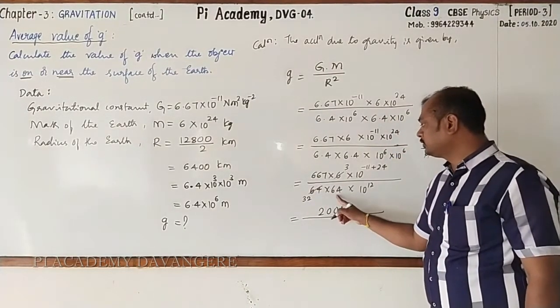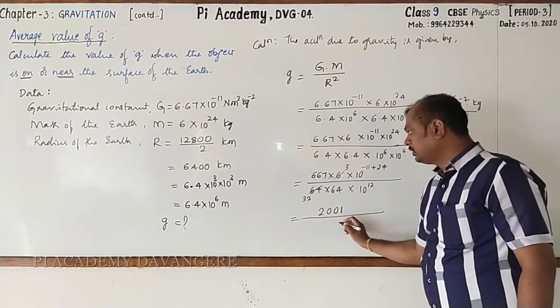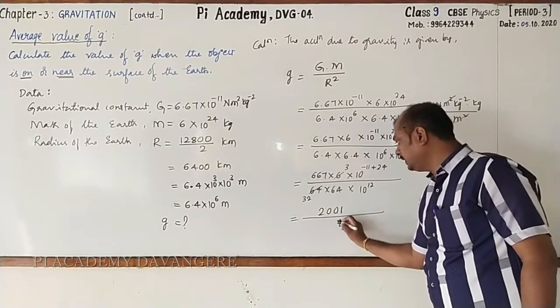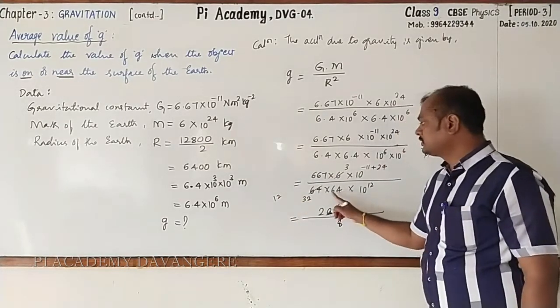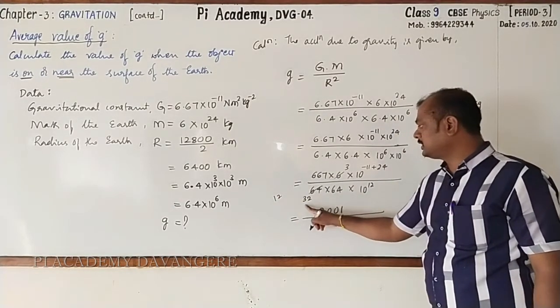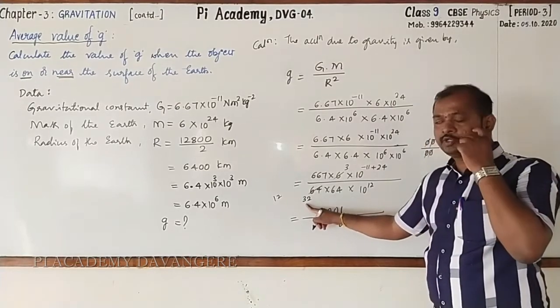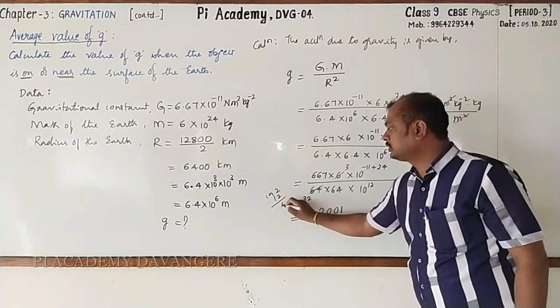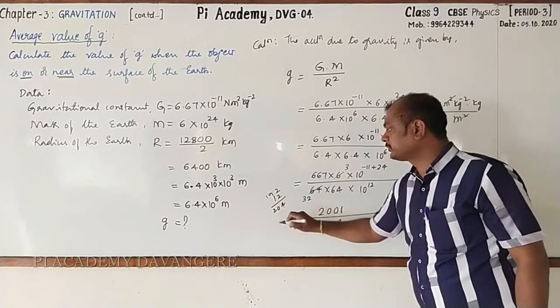Multiply these two, 32 into 64. 64 twos are 128, 12 is the carry. 64 threes are 192, plus 12, it is 204.